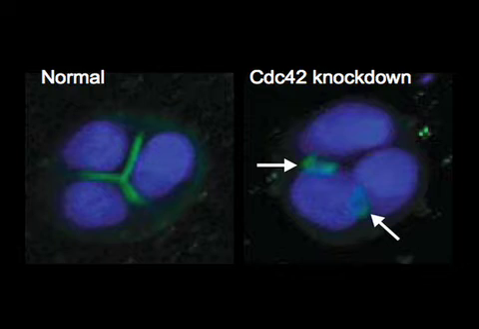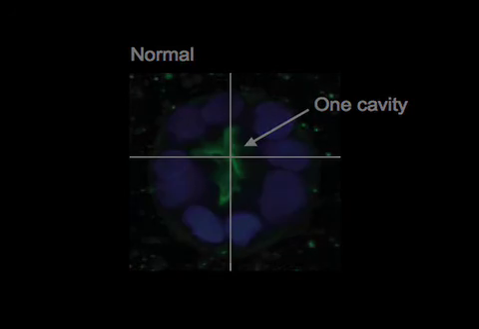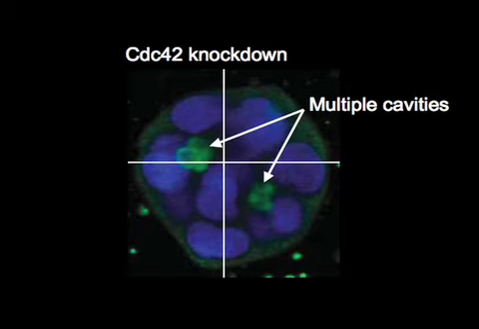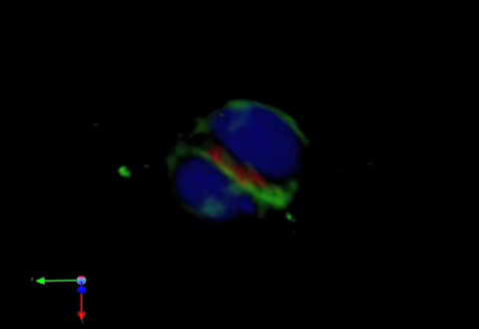Here we see the apical protein is not appropriately partitioned, and thus neither are the apical membranes. As these cells undergo further divisions, the cavities form around the mislocalized apical membranes, and thus the cyst ends up with multiple cavities. So how does Cdc42 control the correct positioning of the apical membrane?